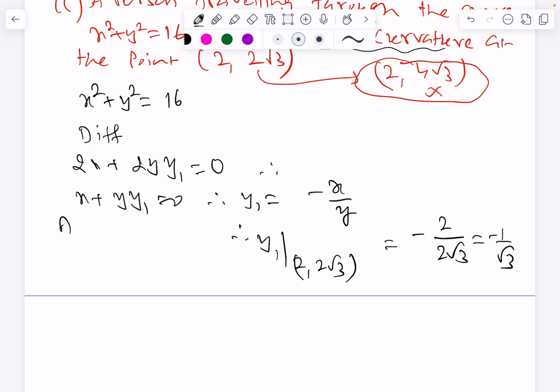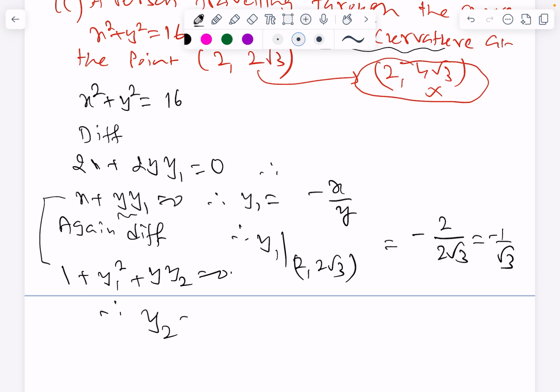Now again differentiate. So this is 1 plus y times y2 plus y1 square equal to 0. And therefore y2 equal to minus of 1 plus y1 square over y.